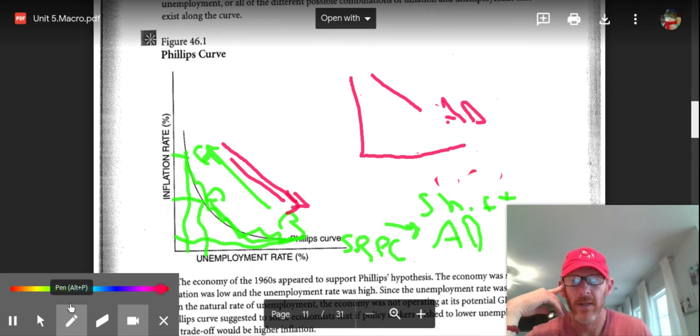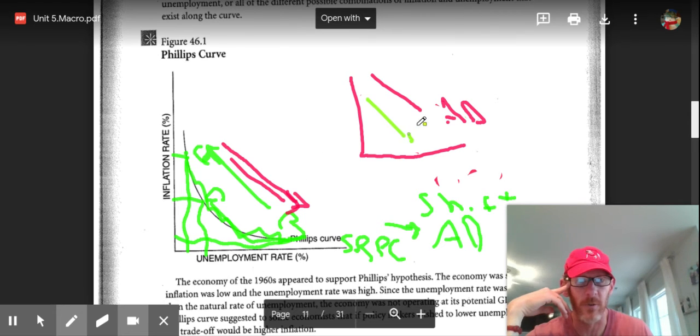You can kind of see that. Moving right along the Phillips curve means the unemployment rate is going up but inflation's going down, like here. When AD goes to the left, the unemployment rate is increasing as inflation is decreasing.